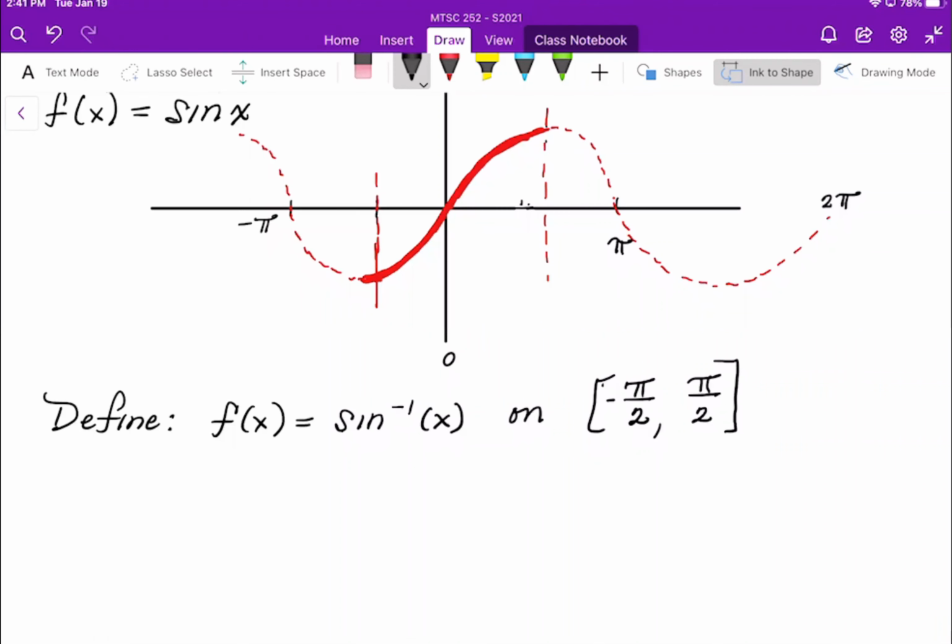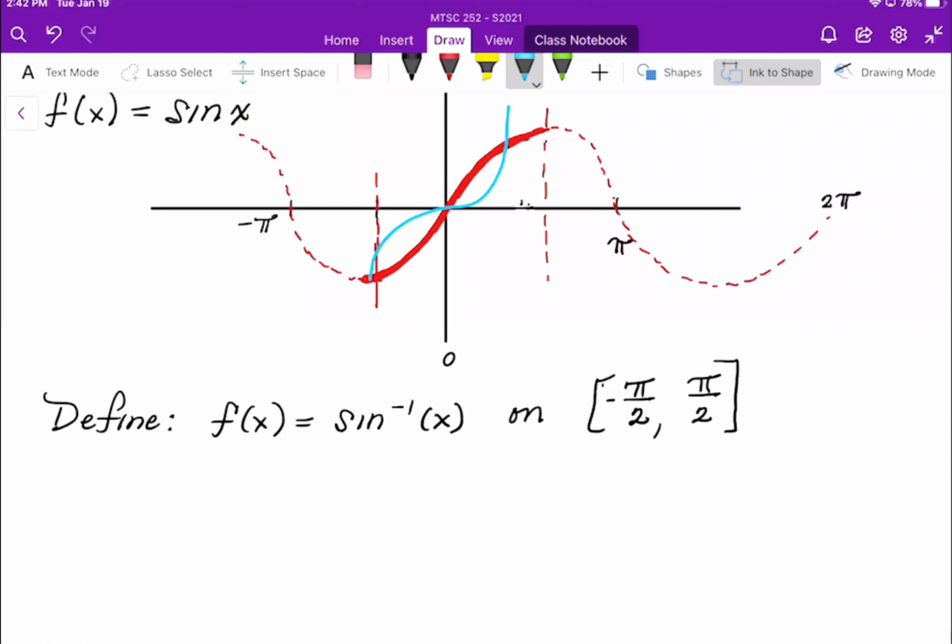I have only a few more minutes. Okay, so the sine inverse function looks like that, and its inverse looks like that.